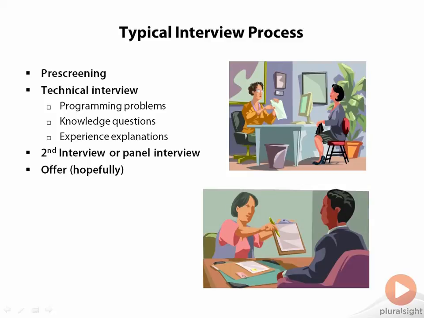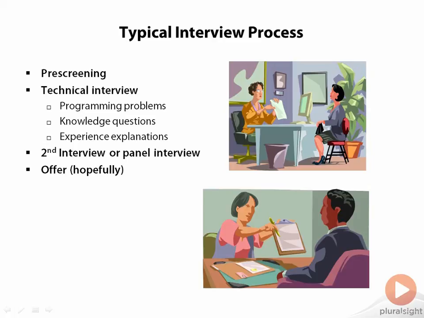But perhaps the most intimidating type of interview for many developers is the panel interview, where you have more than one interviewer asking you questions or asking you to solve some problems while the entire panel is evaluating your responses. The important thing to remember with a panel interview is to remain confident and to try to address each one of the panel members and not just focus on one of them.